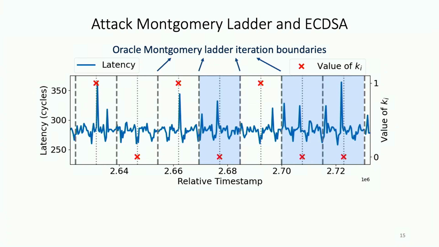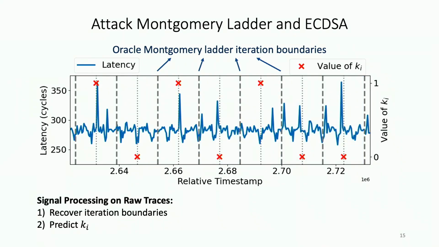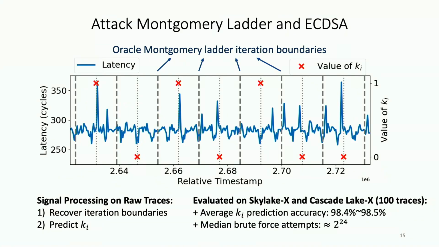Note that, in practice, we do not rely on these oracle boundaries, but instead, we use signal processing on raw traces to recover these boundaries and predict the value of ki. And we can also handle samples that are not very obvious, like the second one here. Overall, our evaluation achieves a high accuracy with reasonable remaining brute force attempts.